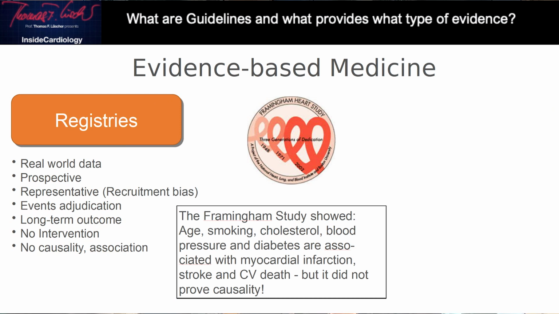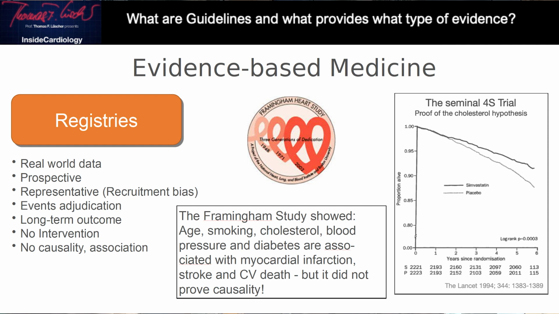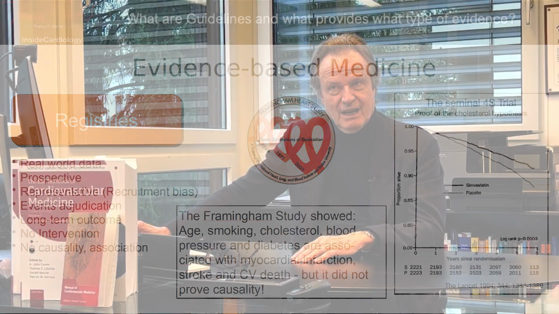There wasn't causality, but it was the basis for the trial, the 4S trial with a statin, the seminal trial, that then told us that really, and the same was true eventually also with blood pressure and diabetes, if we interfere with these risk factors, we can change outcome.